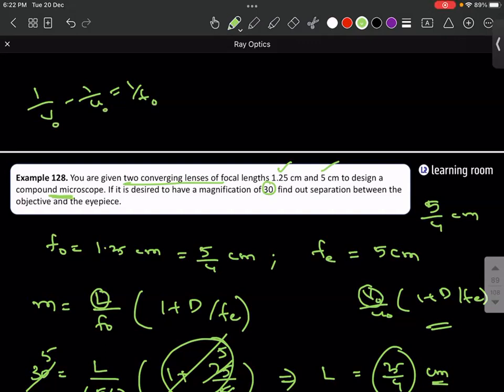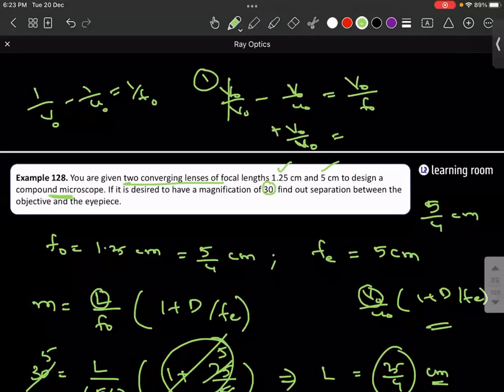So multiplying both the sides with V naught, what will you get? V naught by V naught minus V naught divided by U naught is equal to V naught divided by F naught. So this will become 1. So minus V naught divided by U naught is equal to, or I'll take V naught by U naught is equal to 1 minus V naught divided by F naught.